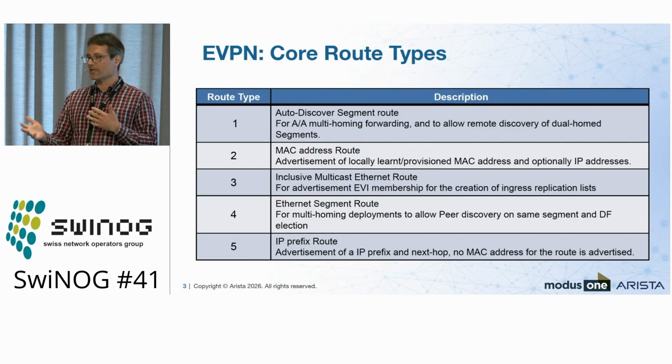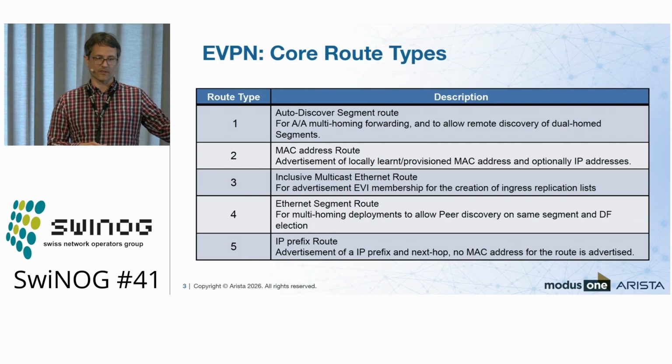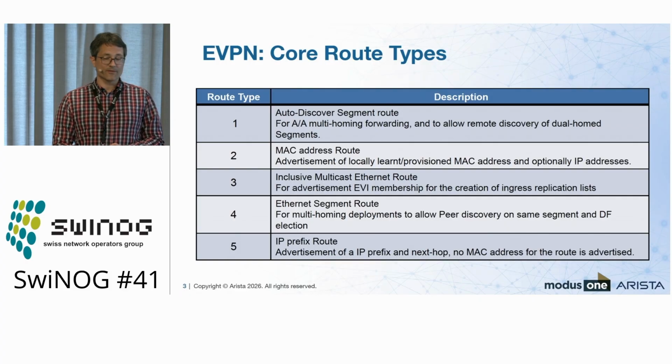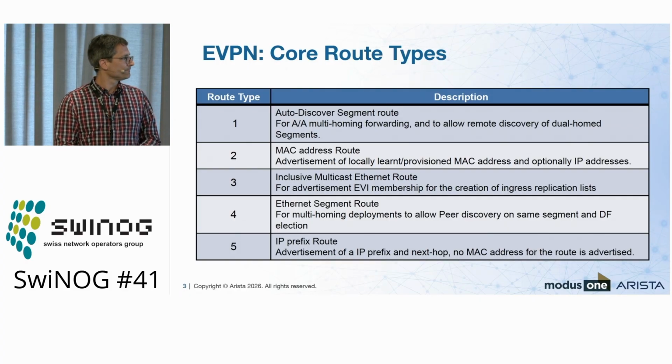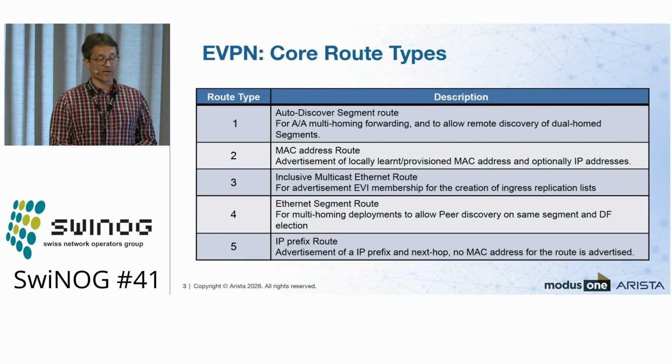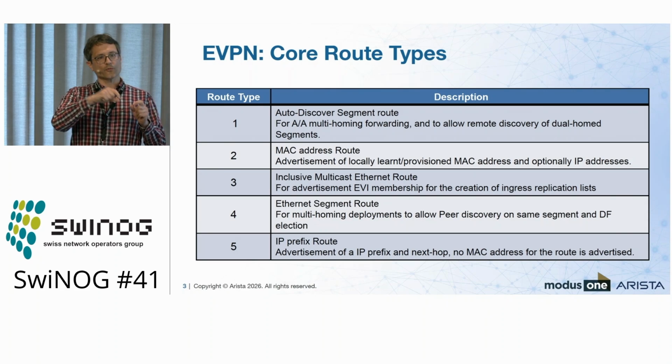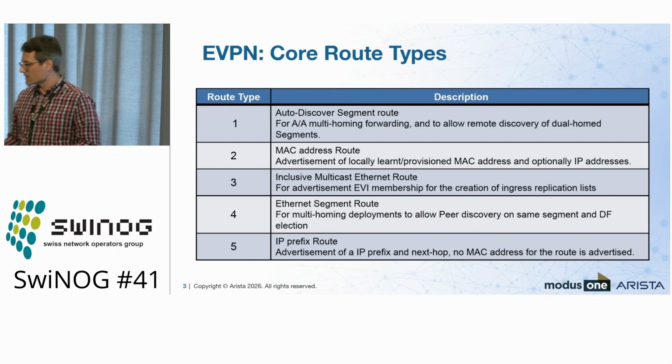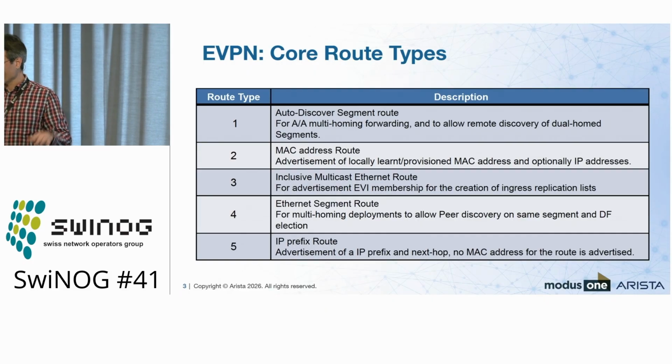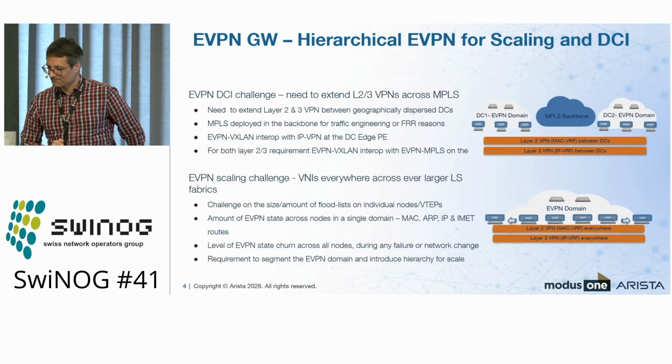We have 2 route types that we use together, number 4 and number 1, for multi-homing, all signaled through EVPN. And then there's also route type 3, which we use to communicate where the other tunnel endpoints are.